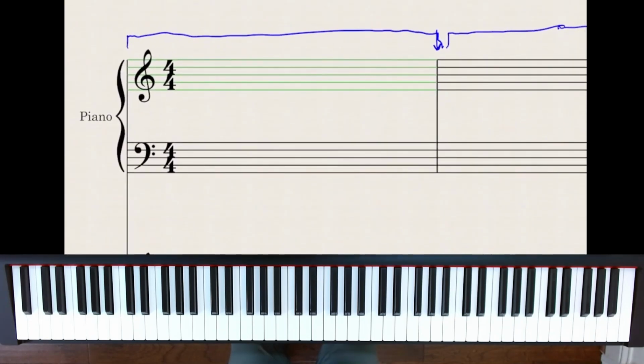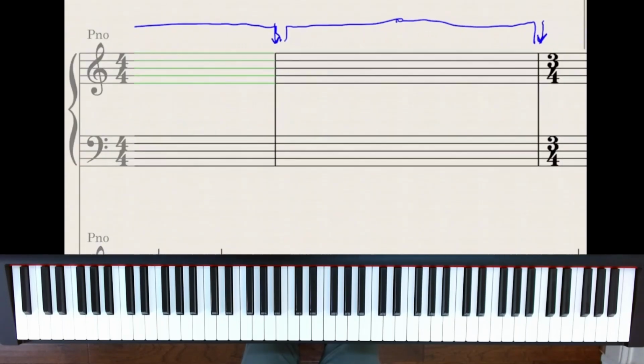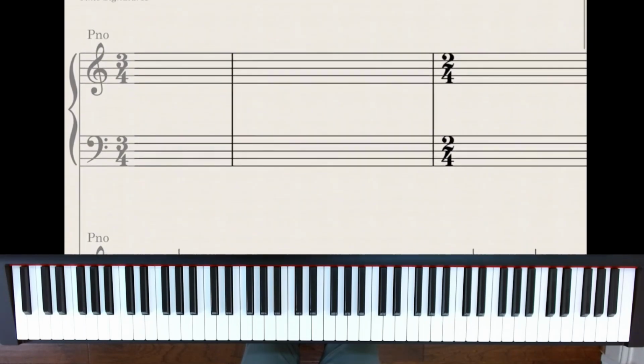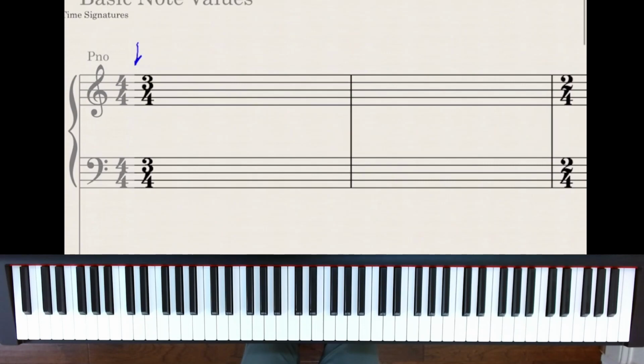So, this right here is what's called a time signature. Okay? And a time signature, for right now, we're going to keep them basic, but there's various different ones. But to keep it simple for this lesson, we'll only use a few. So we'll be talking about the 4/4 time, 3/4 time, and 2/4 time.